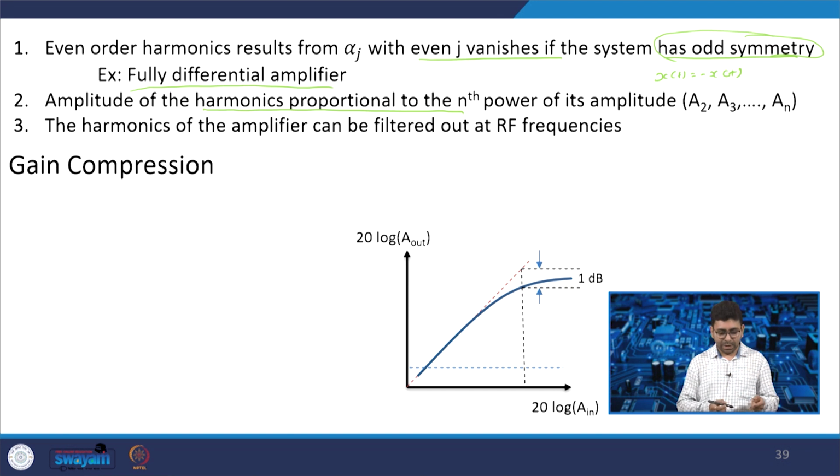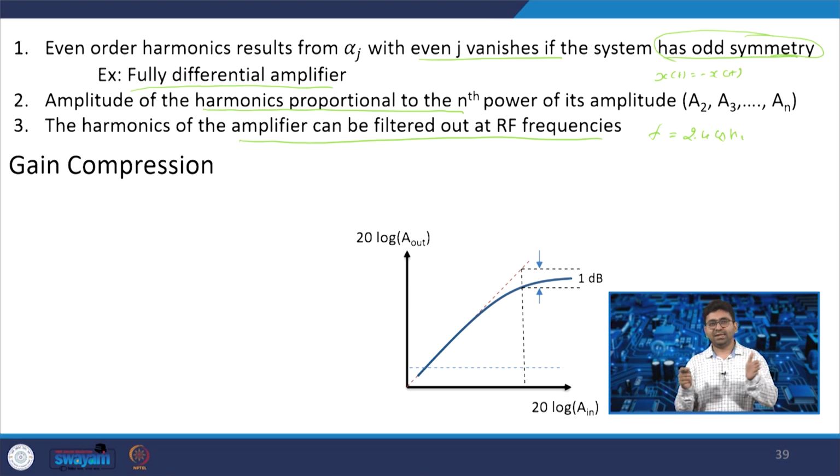And the harmonics of the amplifier we can easily filter out at RF frequency, because I already gave one example that if your f is 2.4 gigahertz, then other harmonics are lying very far.